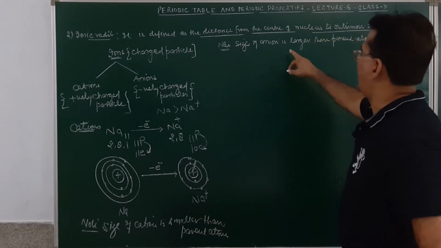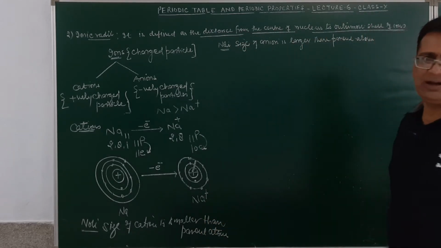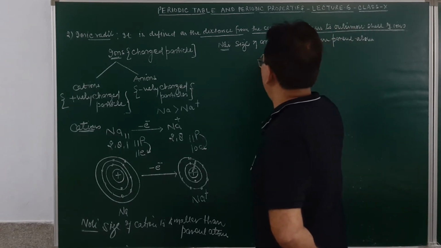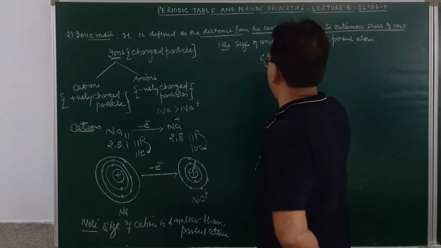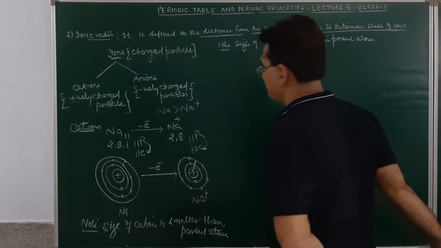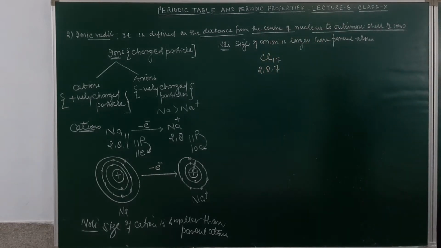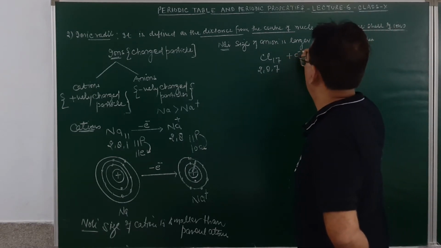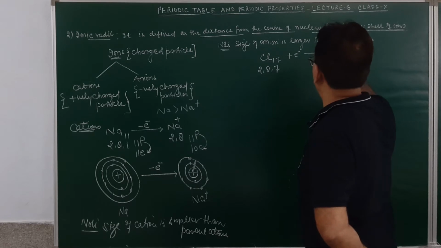But anions are larger than the parent atom. Let me explain to you in this manner. Suppose if I say chlorine, atomic number is 17, configuration will be 2, 8, 7. Now chlorine, if it gains an electron, it will change into chloride anion.